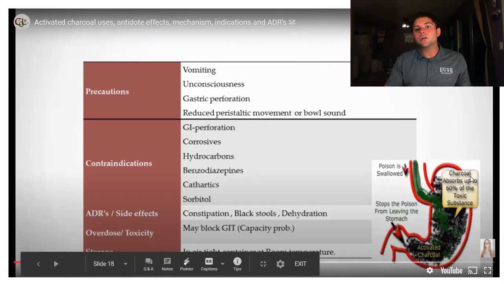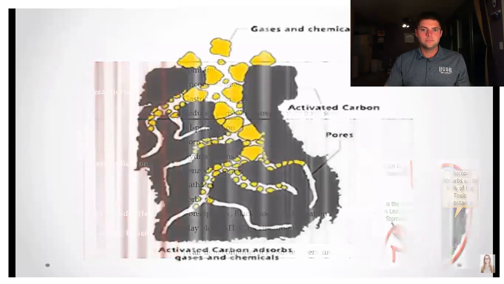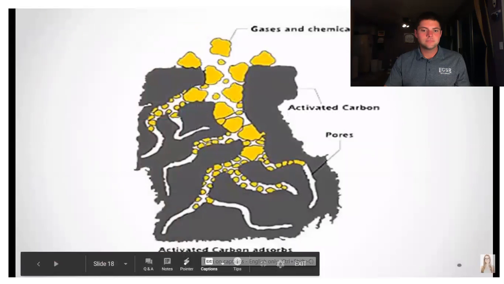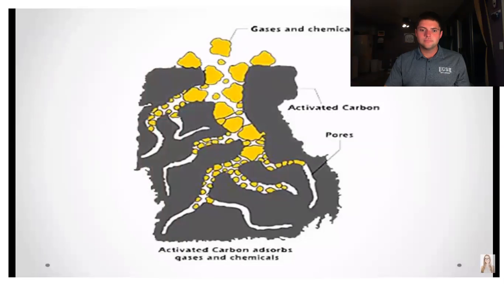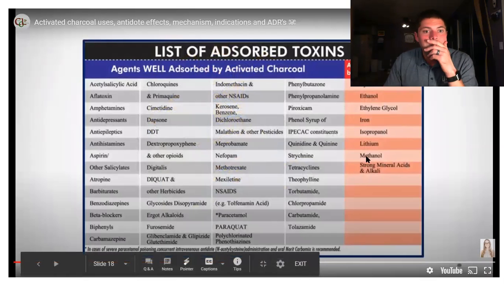Let's look at some things it works on. Here's how it works. It's going to go into the stomach, and it's going to collect and bind to whatever's in the stomach. Okay, what does it work on?